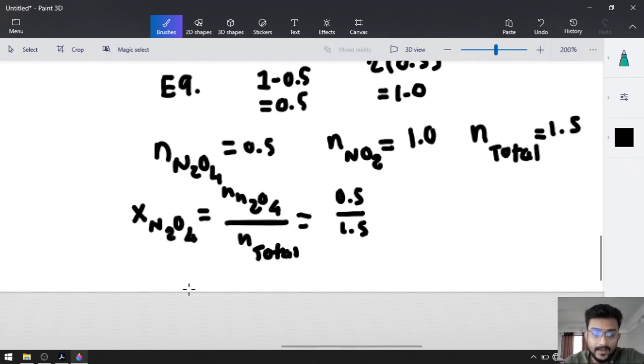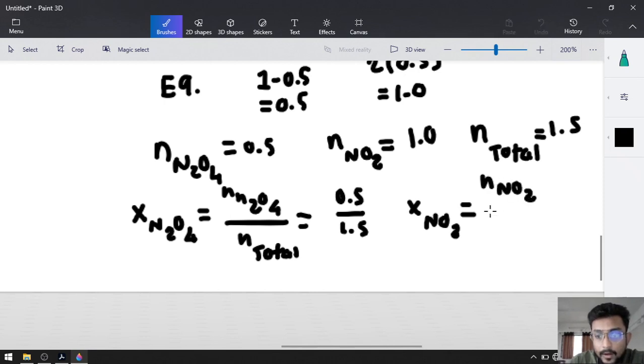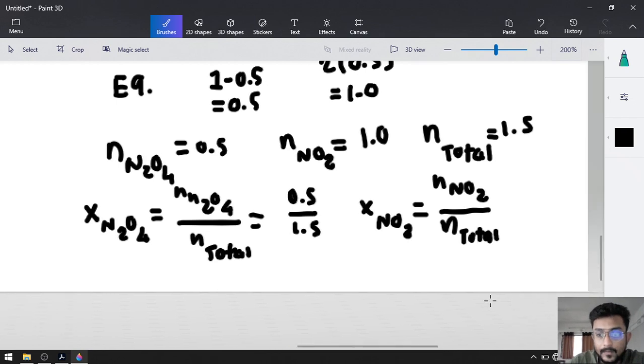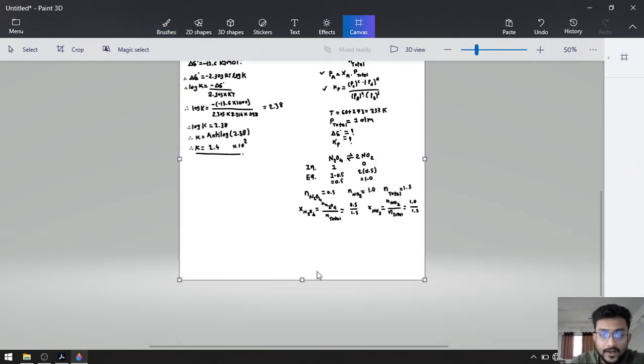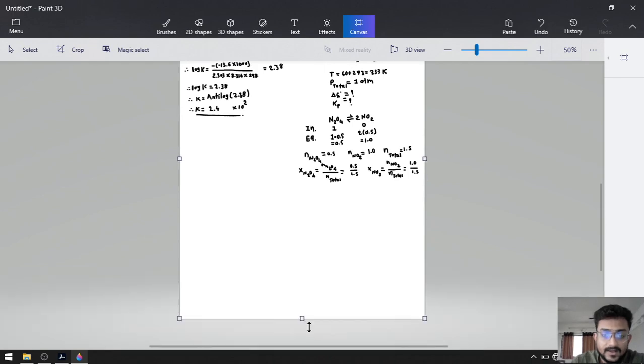After that, mole fraction of NO2 will be equal to number of moles of NO2 upon total mole of reaction. So it will be equal to number of moles of NO2, which is 1.0, and total mole is 1.5. So we have just found the mole fraction only.